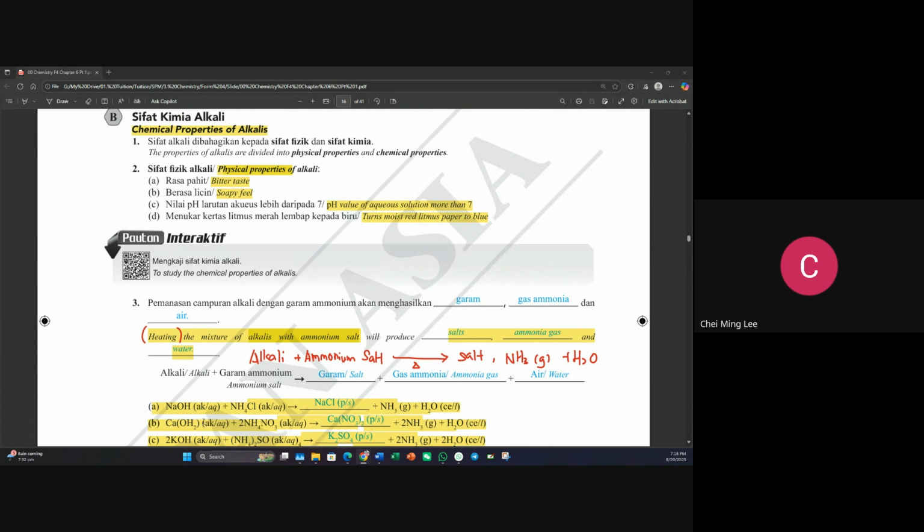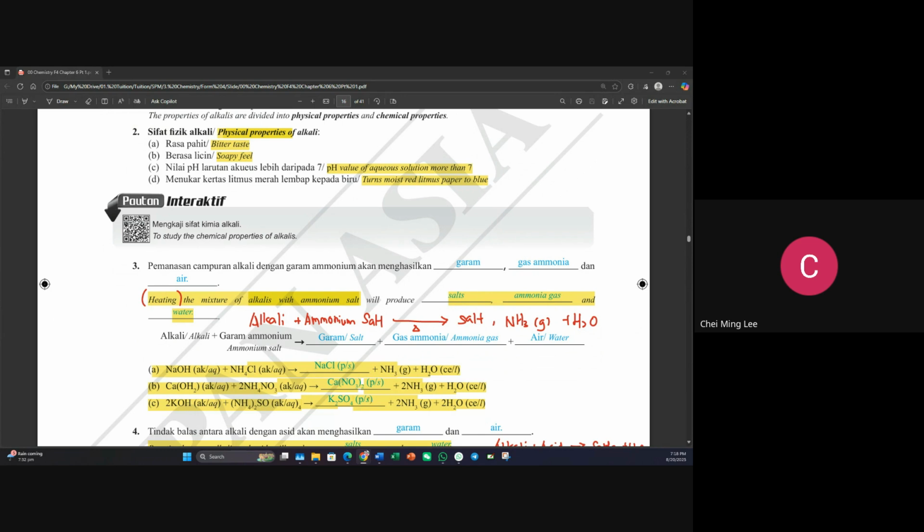Calcium hydroxide with ammonium nitrate will form calcium nitrate with ammonia and water. Potassium hydroxide with ammonium sulfate will form potassium sulfate with ammonia and water.